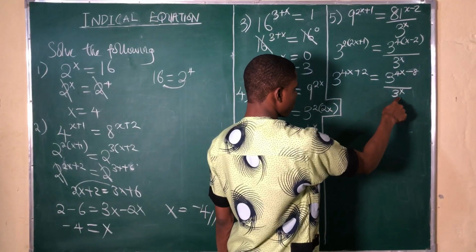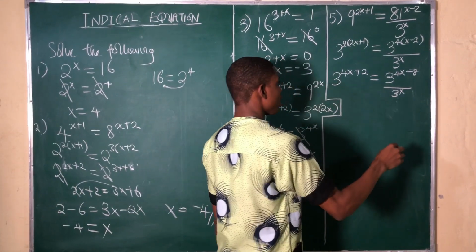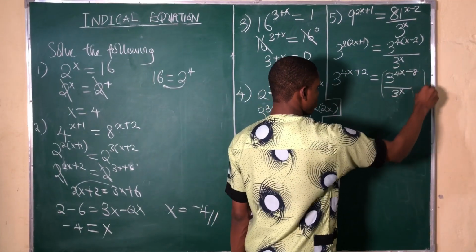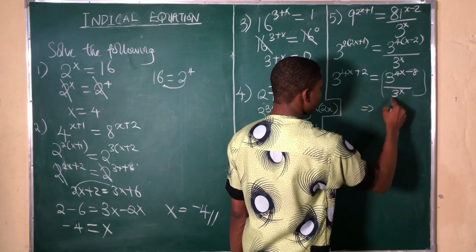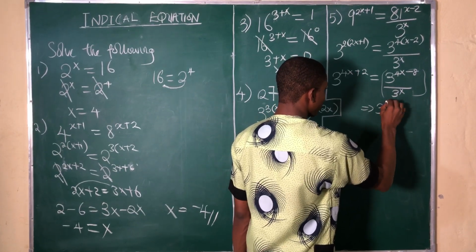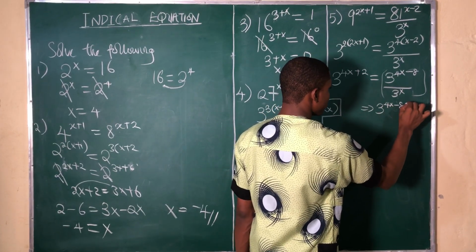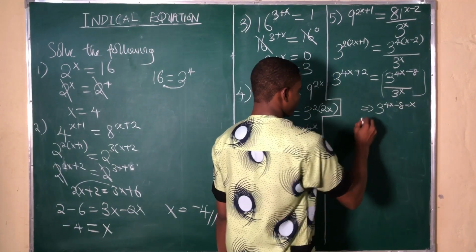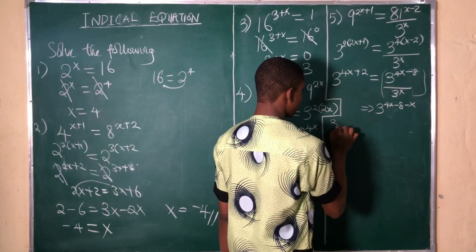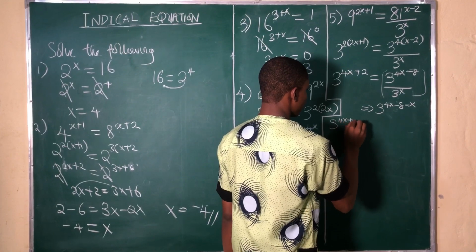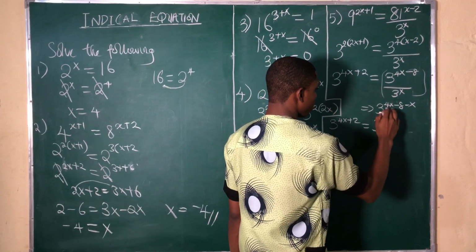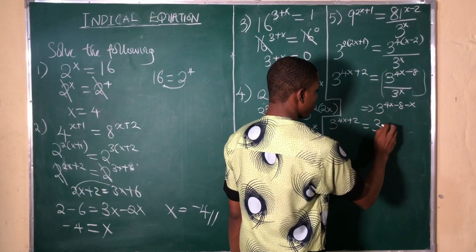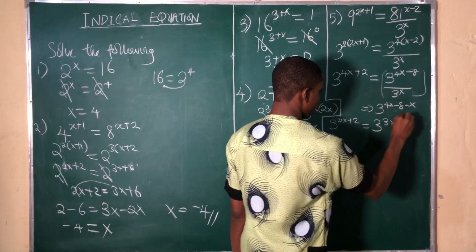Since these are the same base, first of all, let's work on this first. So this becomes 3 raised to the power 4x negative 8 negative x. Rewriting this, we have 3 raised to the power 4x plus 2 is equal to 3 raised to 4x negative x, which becomes 3x negative 8.